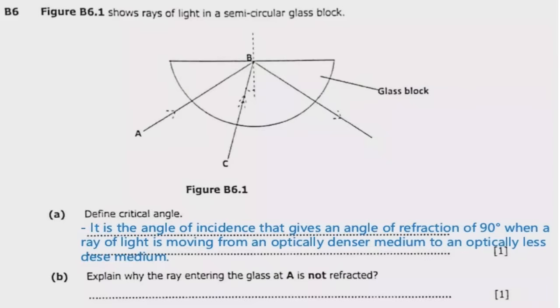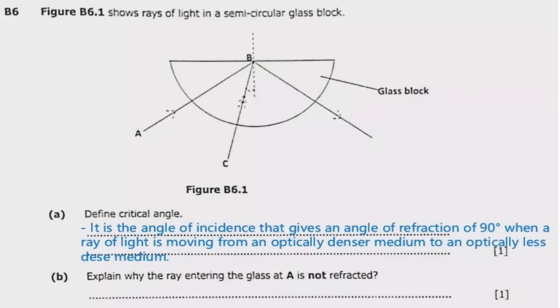That is a critical angle. This is the way I can define it. You can also define it your own way in the comment section. Let me see how you define critical angle, or what words you use as you describe it.